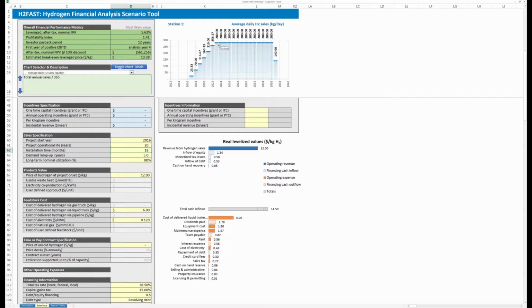Keep in mind that the model will actually keep track of things on a monthly basis. So if I say that the model ramps up in 0 years, you'll see that it took 18 months to construct the project, to commission it. So that first year we only operate half of the year. And also the last year of the 20 years, it operates half of the year.